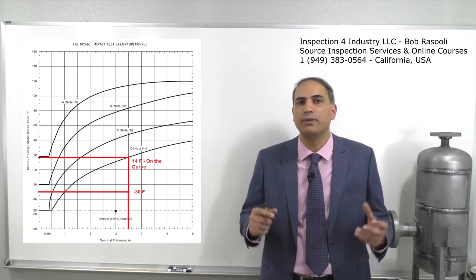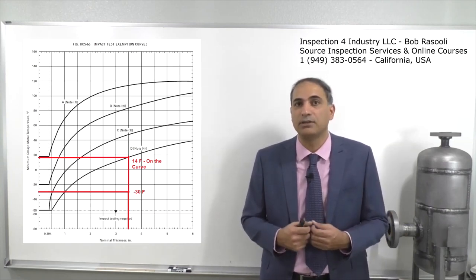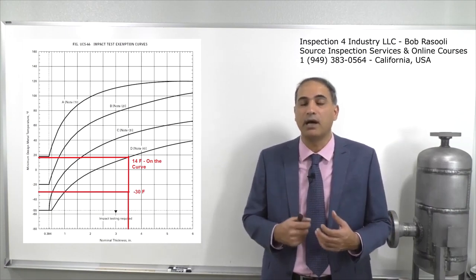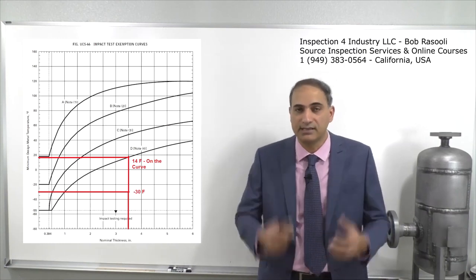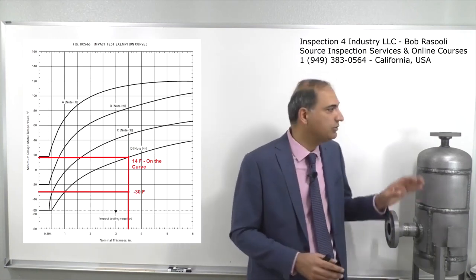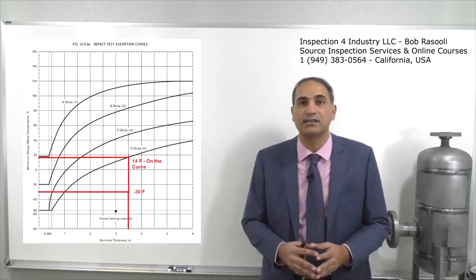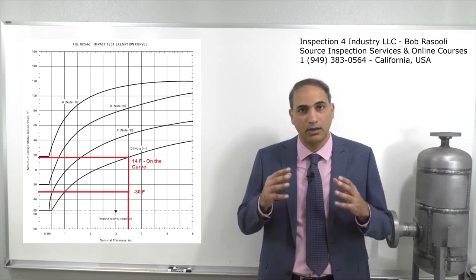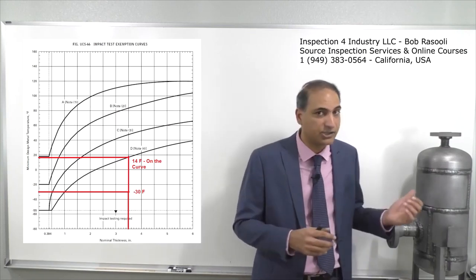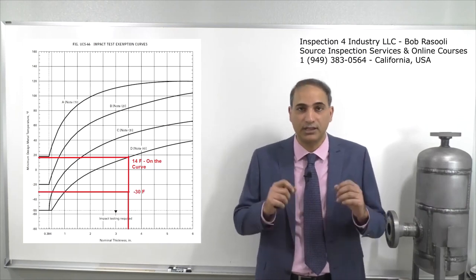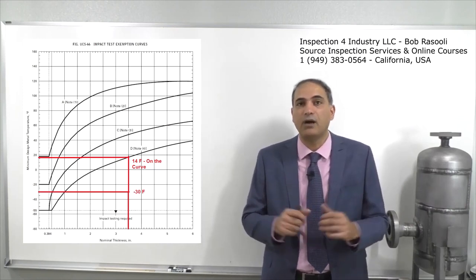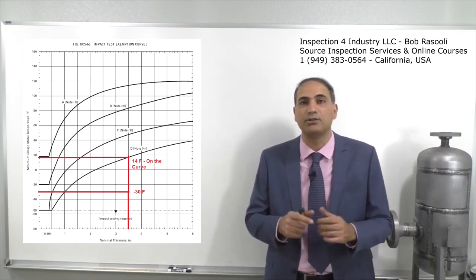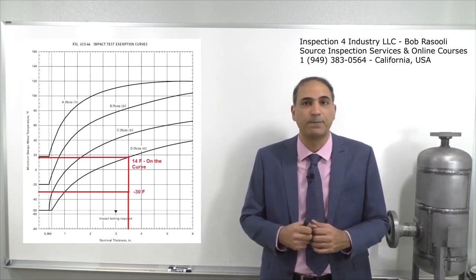So this says to me, if my minimum design metal temperature had been 14 degrees Fahrenheit instead of minus 30 degrees Fahrenheit, I would have been exempted right away, because you can use this material, SA516 grade 70, which belongs to curve D, at 14 degrees Fahrenheit with a thickness of 3.25 without any impact testing. But you can see we are below the curve.